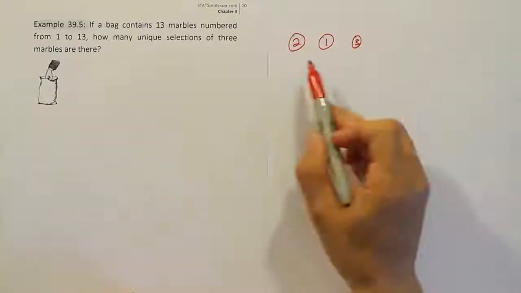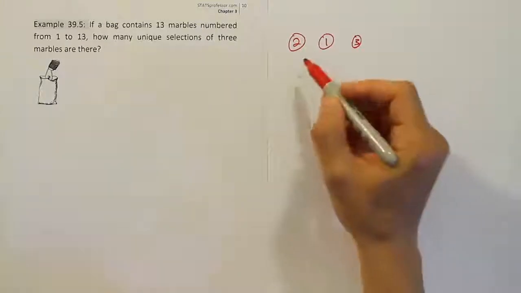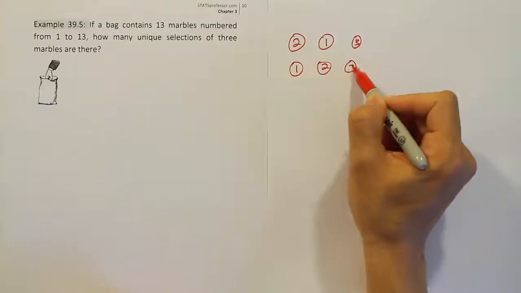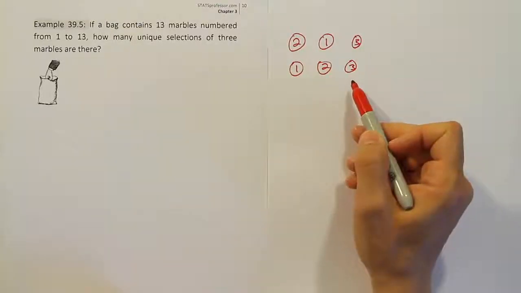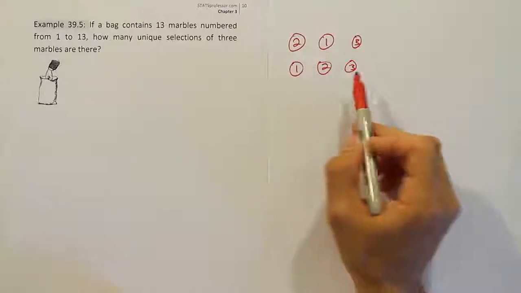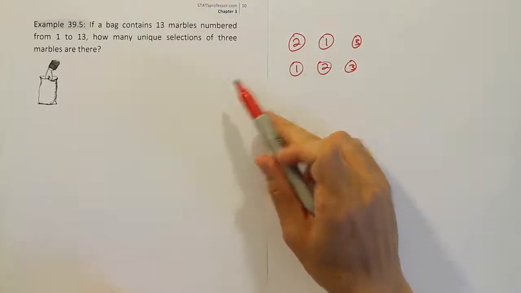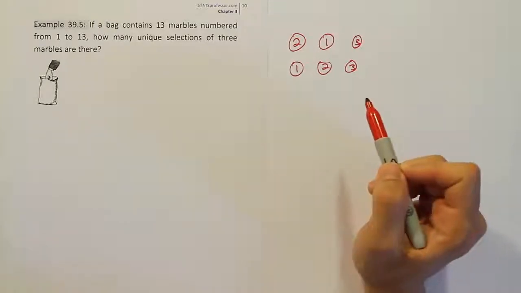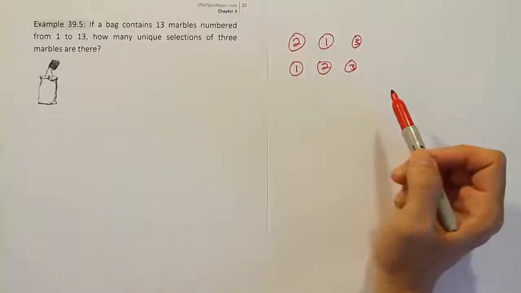Say those come out of the bag for me. Isn't that the same as saying I drew the marbles 1, 2, 3? It's the same marbles being chosen, so it's the same group of 3 marbles. So I don't think the order matters here. There's no indication in the problem that we should worry about the order. Because of that, I'm going to assume it's combinations, and then we can do the problem using that rule.